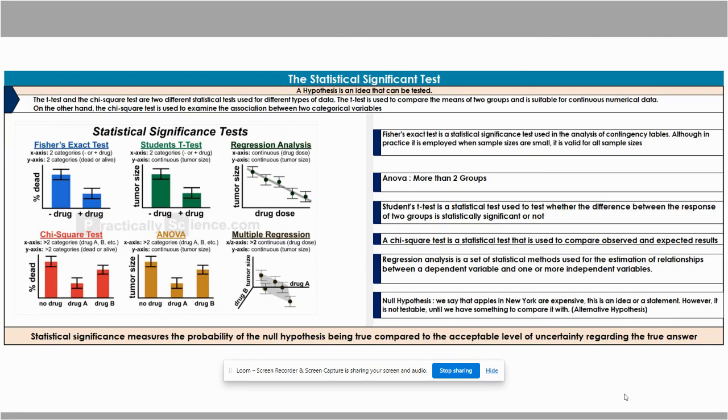First, we need to know what a hypothesis is. A hypothesis is nothing but an idea which comes from your thought, which you'd like to give an abstract definition. In the statistics world, we have the null hypothesis and the alternative hypothesis.